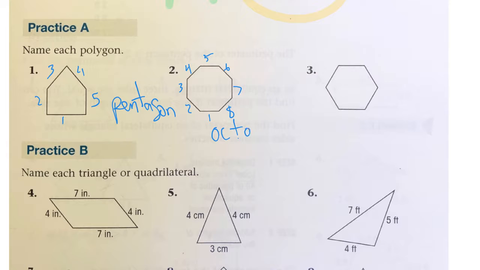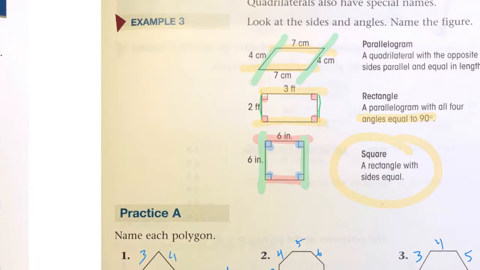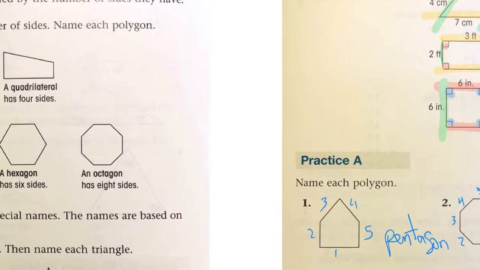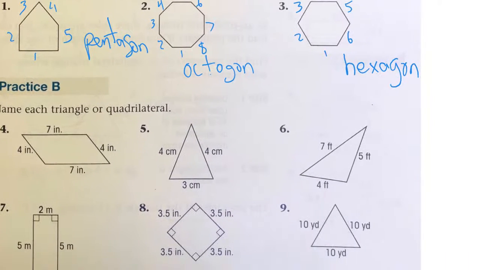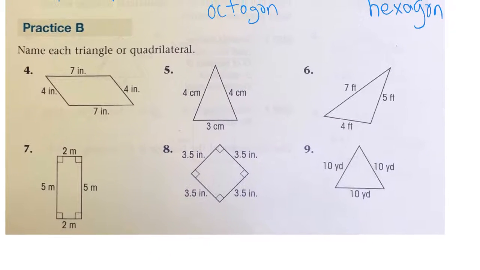Octagon, like an octopus. And then we have 1, 2, 3, 4, 5, 6. Hexagon. I think I spelled that right. Let's double check. Yep, hexagon, octagon.